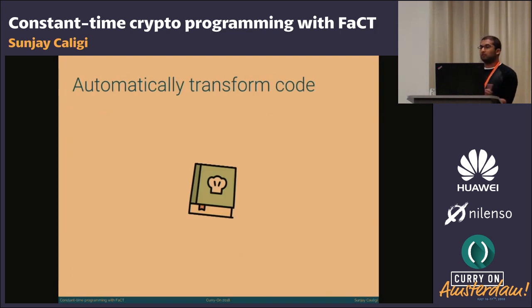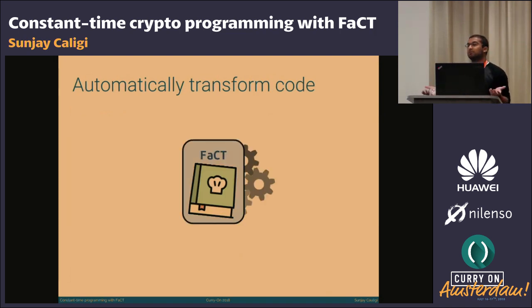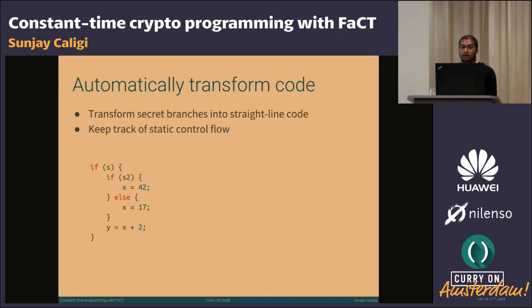So at a really high level, all FaCT is doing is taking all of those recipes that I talked about and applying them automatically. And so we can take a look at what some of these recipes are. The biggest thing is we remove branches.